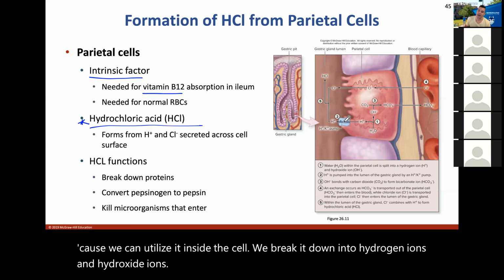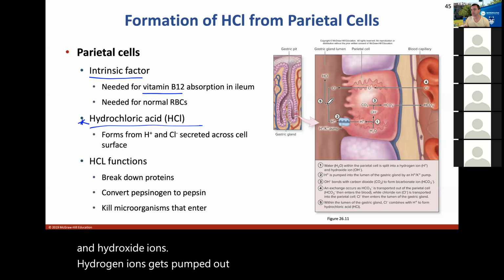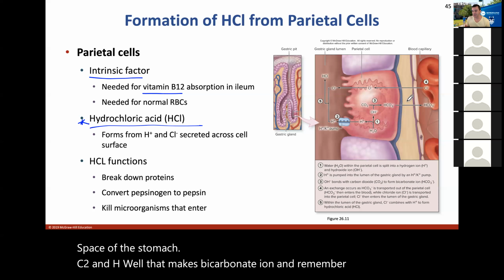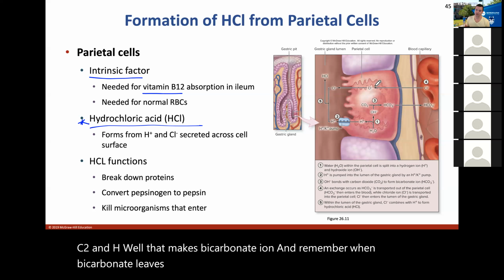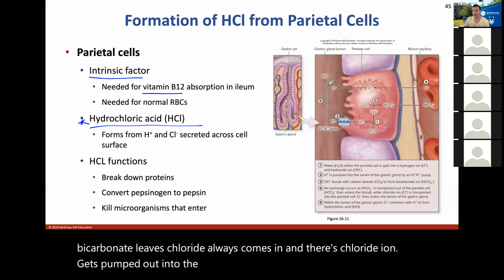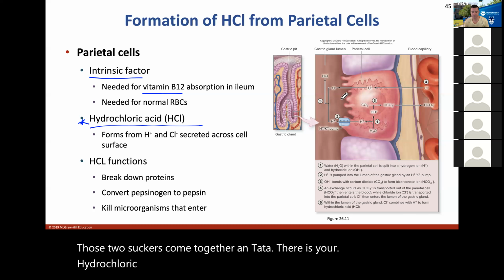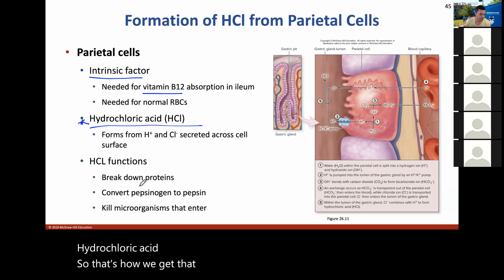Hydrogen ions get pumped out into the space of the stomach. CO2 and OH, well, that makes bicarbonate ion. And remember, when bicarbonate leaves, chloride always comes in. Chloride ion gets pumped out into the lumen there, and those two come together, and ta-da, there is your hydrochloric acid. So that's how we get that hydrochloric acid inside there.